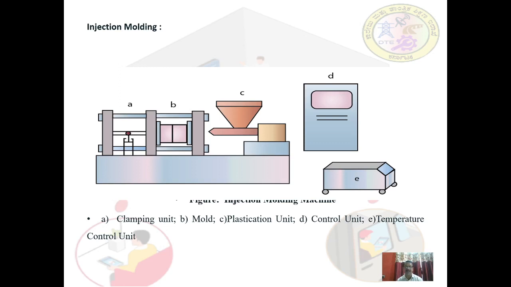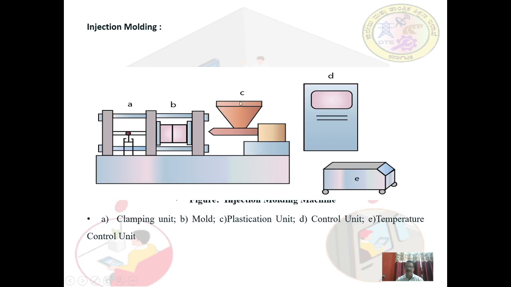So this is the equipment used for injection molding. The parts are: A, coupling unit; B, the mold; C, plastication unit; D, control unit; and E, the temperature control unit.